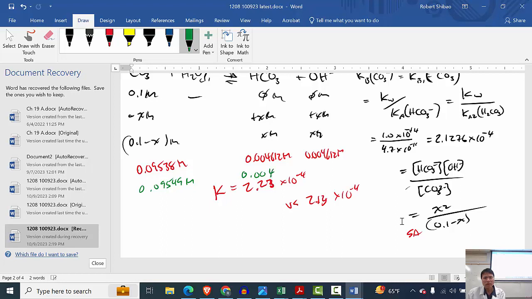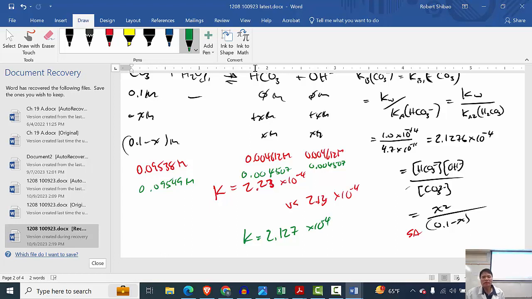And this comes out to 0.004507. And so checking the K value here, the K value comes out to 2.127 times 10 to the negative 4.